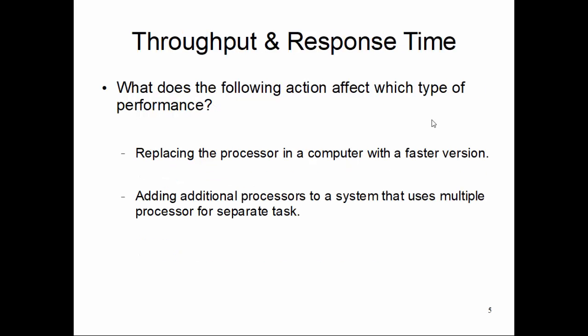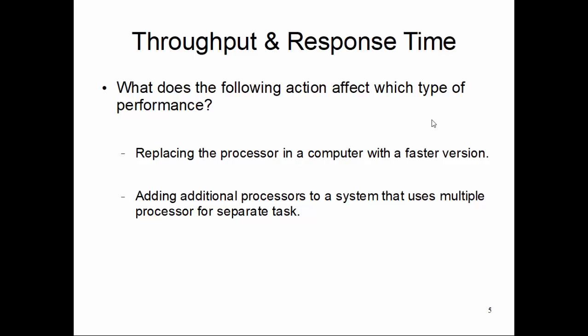So if we take these two scenarios, let's analyze what affects which type of performance. Scenario number one is replacing the processor in a computer with a faster revision. You had a processor running at probably 1 gigahertz clock speed, and you replace it with a 2 gigahertz clock speed. What will it affect?